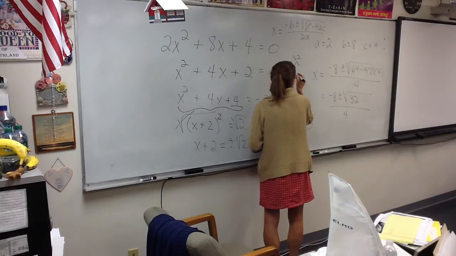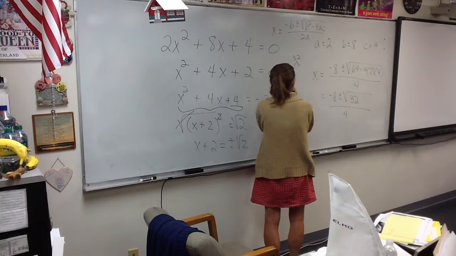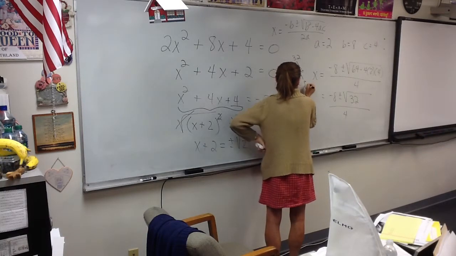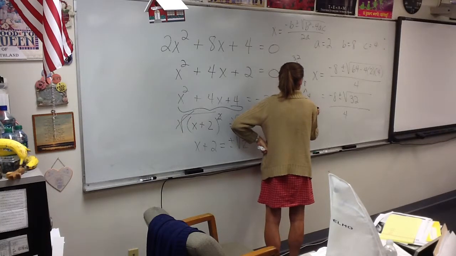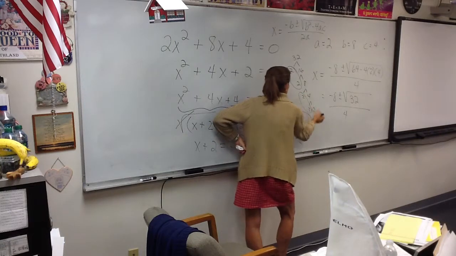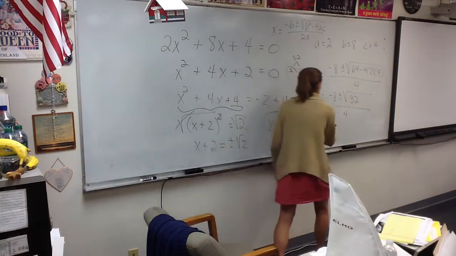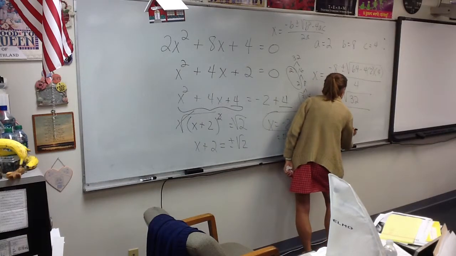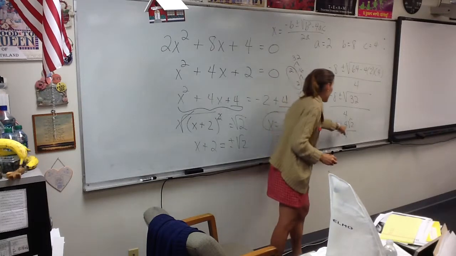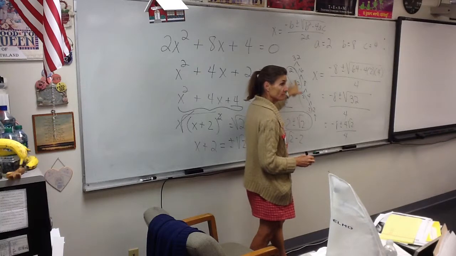The 32 does break down, though. Let's see, 2 times 16. So I have 2 2s, another 2 2s, and then a leftover 2. So that's -8 plus or minus 4 root 2. That 4 comes from 2 groups of 2s.